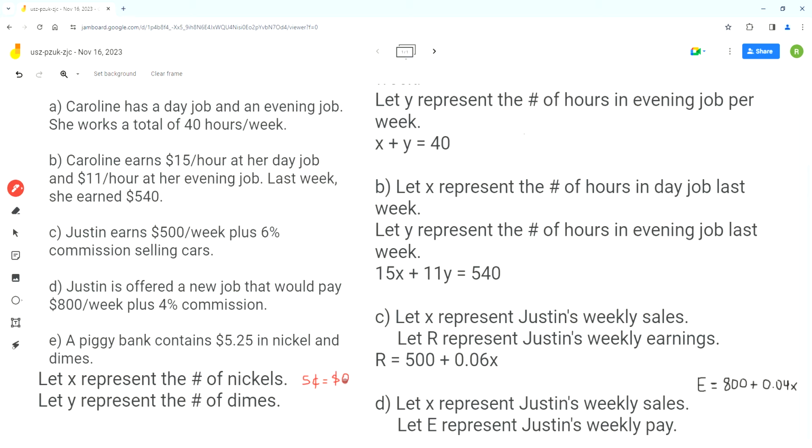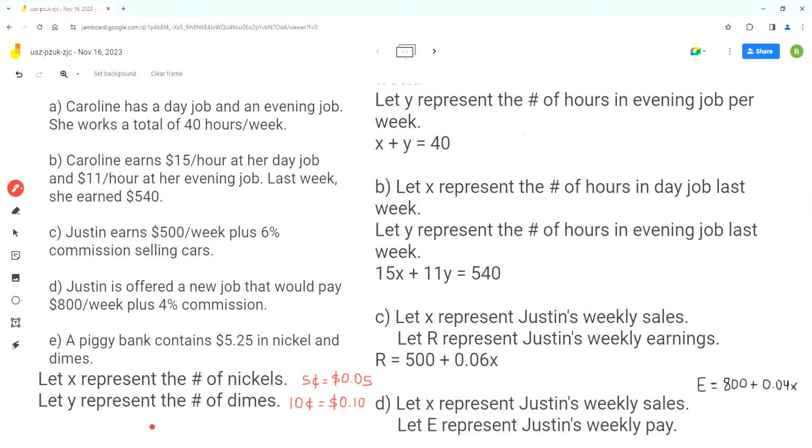Now dimes are 10 cents, and 10 cents in dollars will be 0.10, because we have to divide the cents by 100 to convert them into dollars. The total amount is given to us in dollars, so that's why we should convert these cents amounts to dollars.